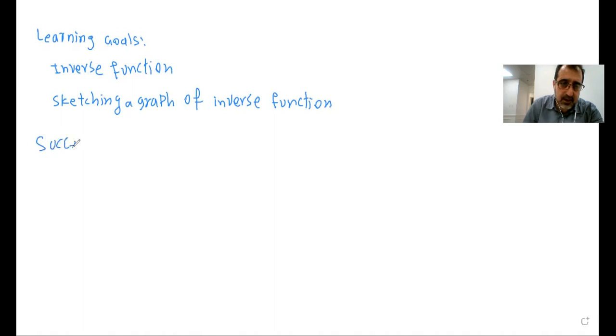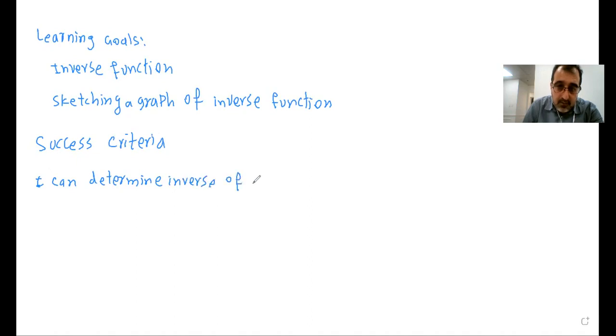Success criteria. I can determine the inverse of a given function.